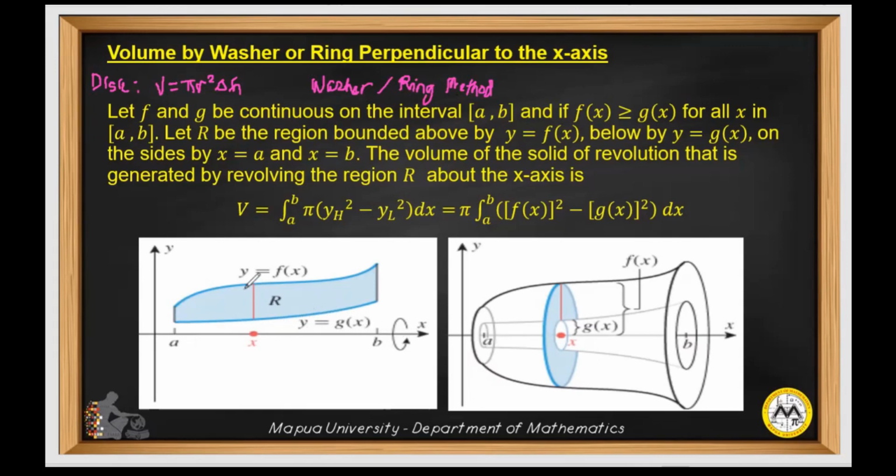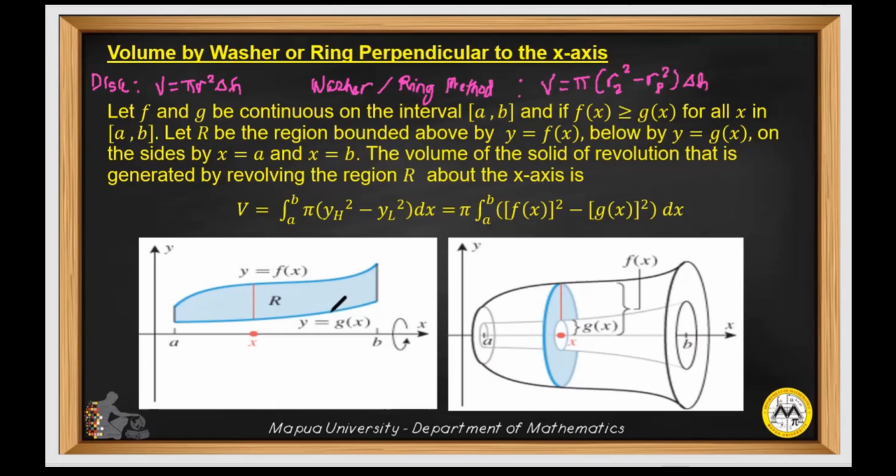If we use an element perpendicular to the axis of revolution, when this is revolved about the axis of revolution, a washer is formed. The volume of the washer is equal to pi times the outer radius squared minus the inner radius squared times the thickness.